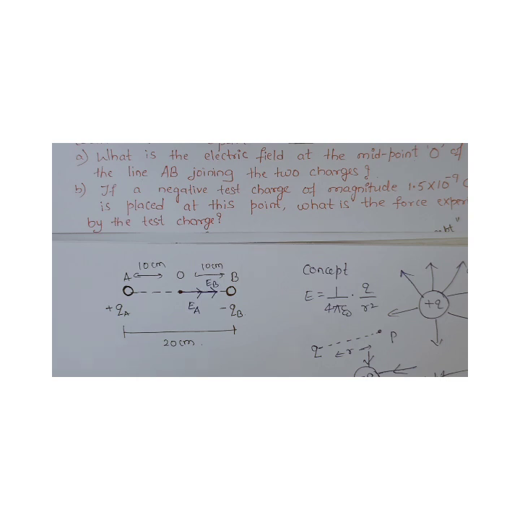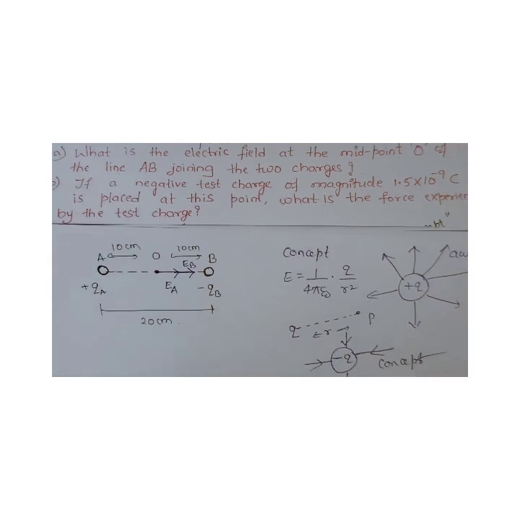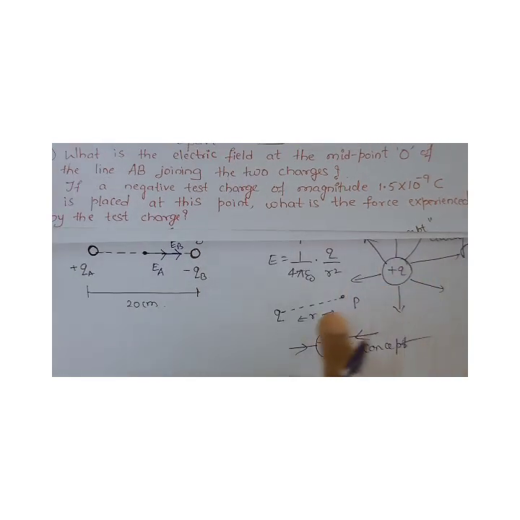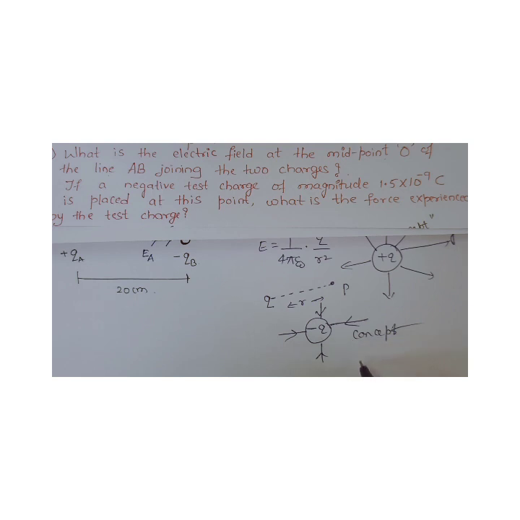Now just observe both the electric field directions, how they are in the same line. So that means by applying the principle of superposition, can we get the net electric field at point O? Clear? Next concept, see, 1, 2, 3 concepts. Next concept is what? Principle of superposition. So what does it say?